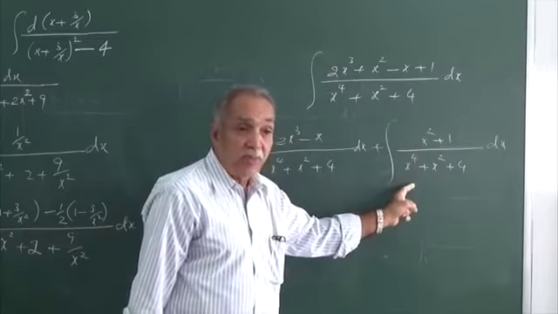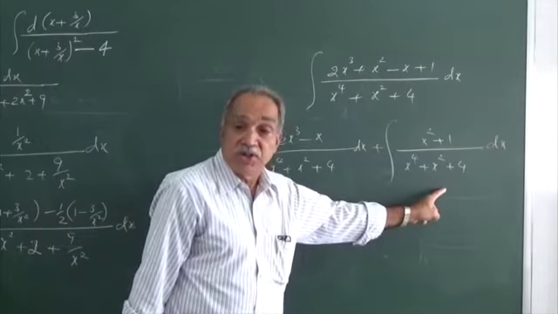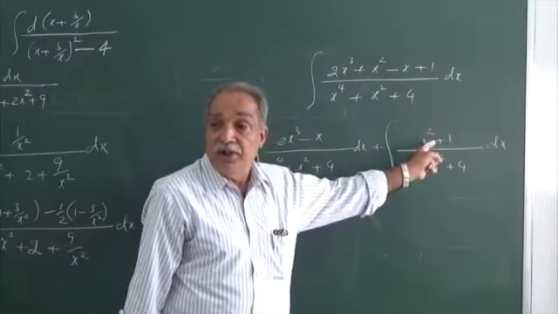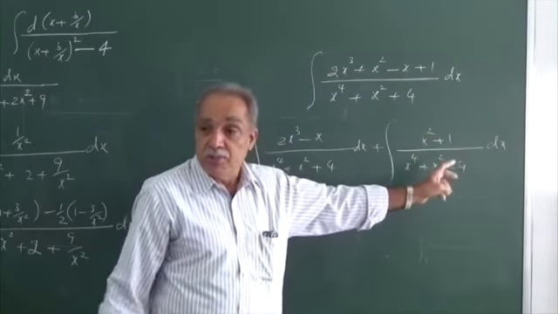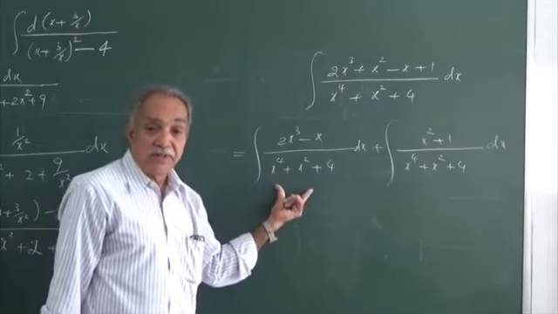Divide numerator and denominator by x square. Find out in terms of which expressions the denominator is expressible. Obtain their derivatives. Write the numerator in terms of those two. Decomposition method, and so on. Okay. What about this part?